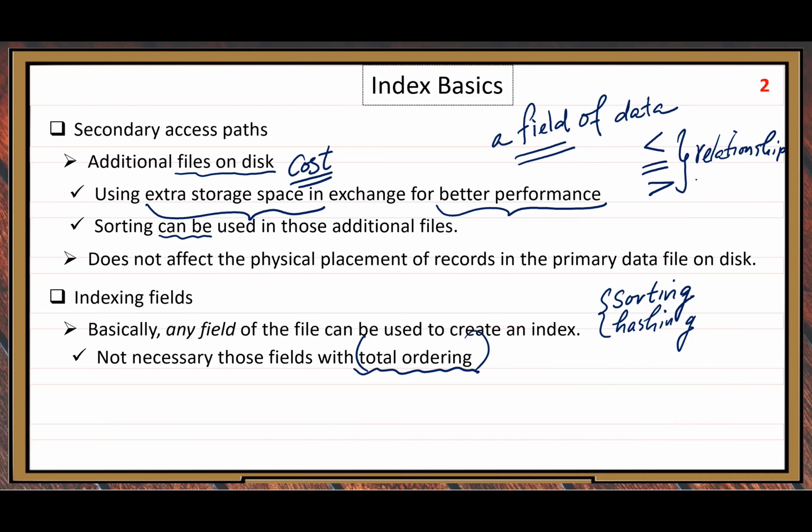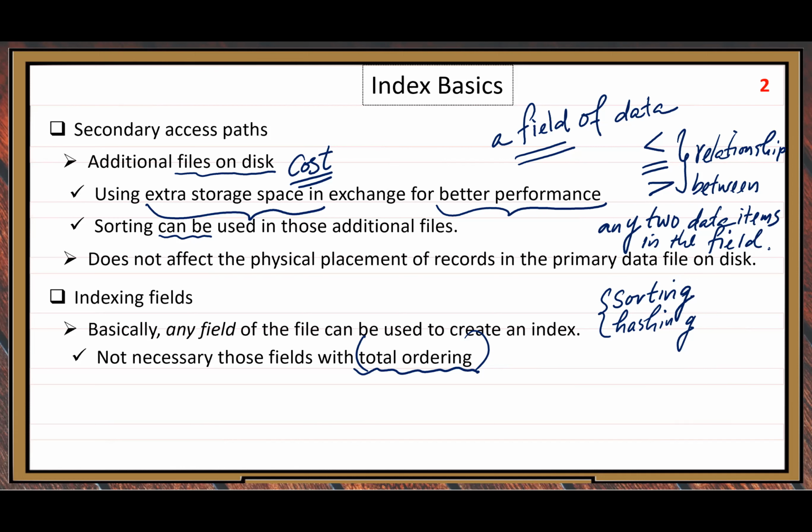Between any two data items in the field, that's total ordering. Total ordering has no restriction.